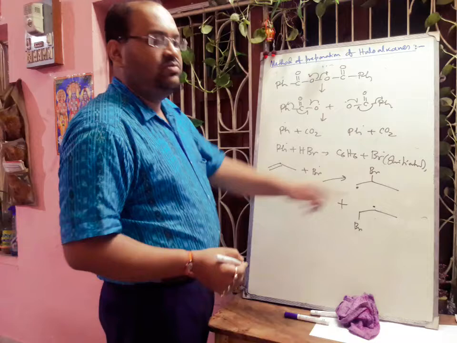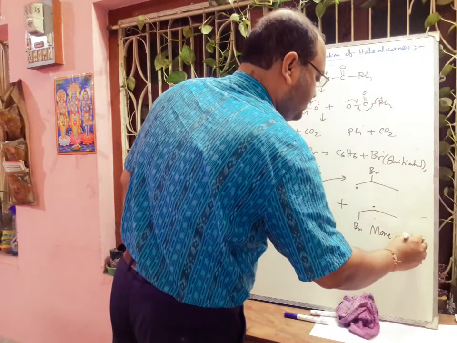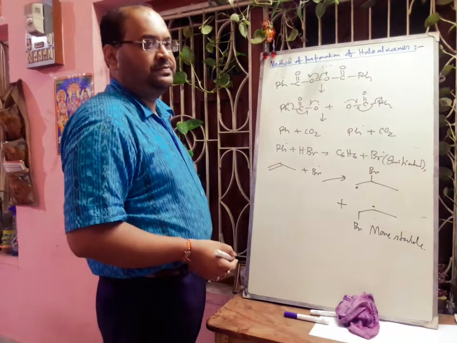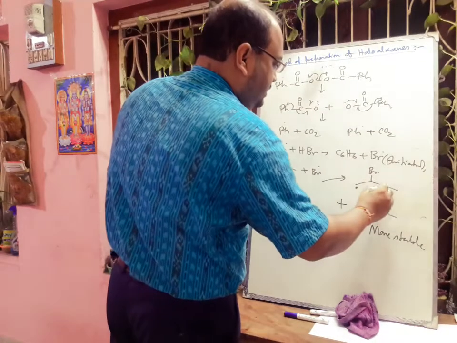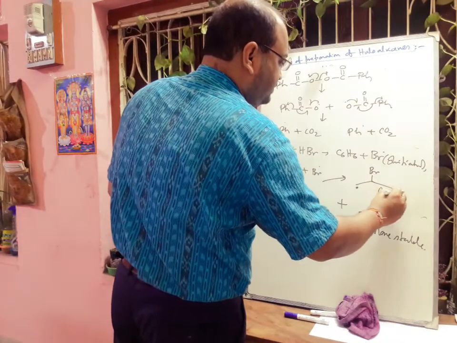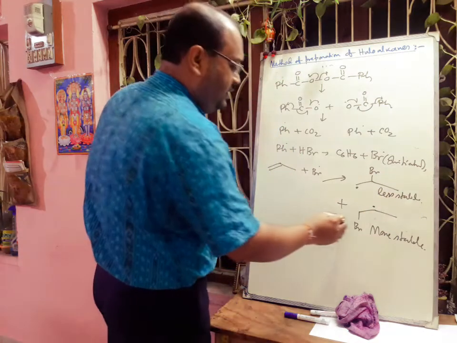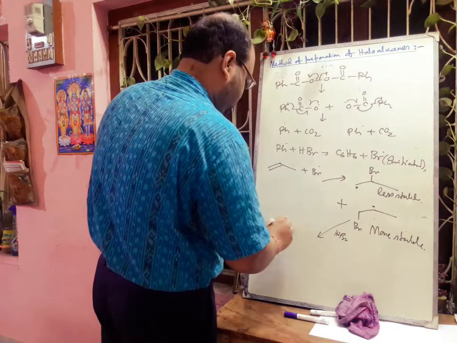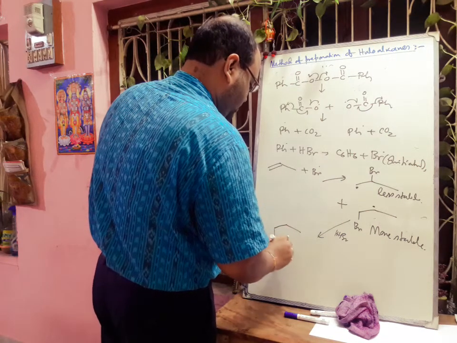So the 2 degree radical is more stable, and this one is less stable. So you will get the product as major.